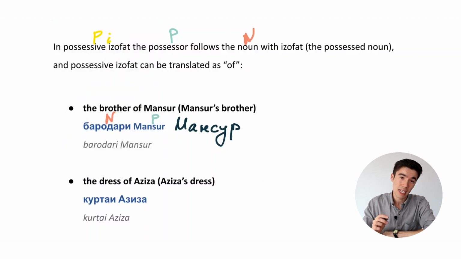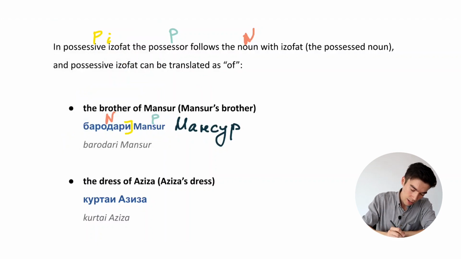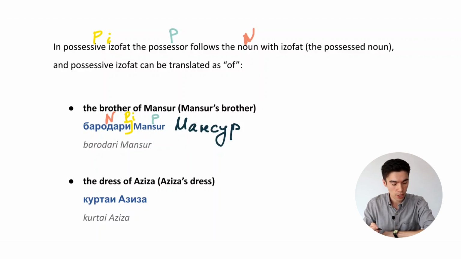And the E at the end of Barodari is a possessive Izofat. Okay, Barodari Mansur. E connects these two words, Barodar and Mansur. Barodari Mansur. Another example, Kurtai Aziza, a dress, or the dress of Aziza, or Aziza's dress.